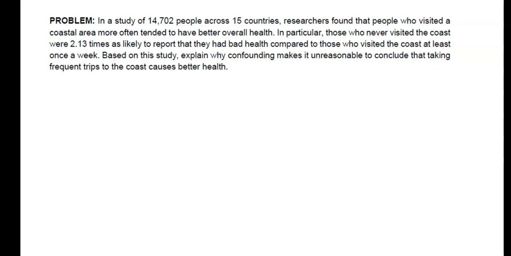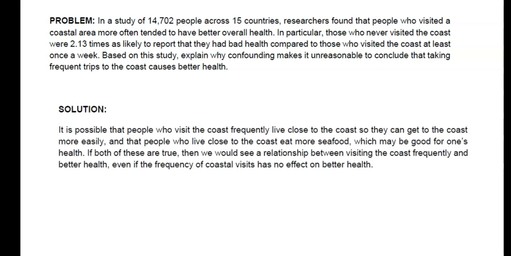So what could be some confounding variables there? I think of richer people going to the coast every week. So income could have an impact. Maybe healthiness of the food. So maybe when you go to the coast, you eat healthier. Maybe you eat more fish or something. That could be a confounding variable. Let's see what they said.